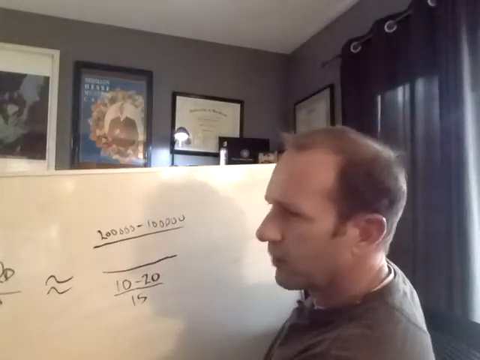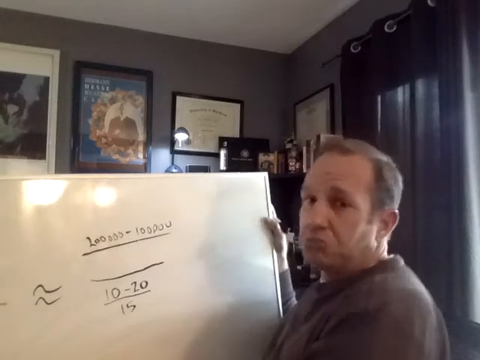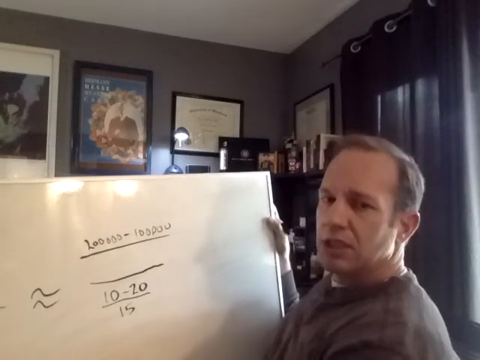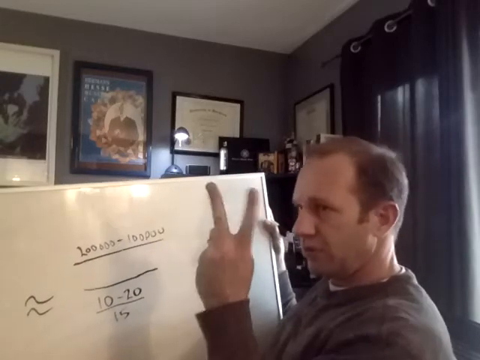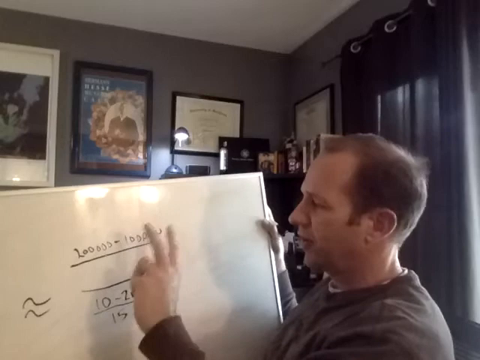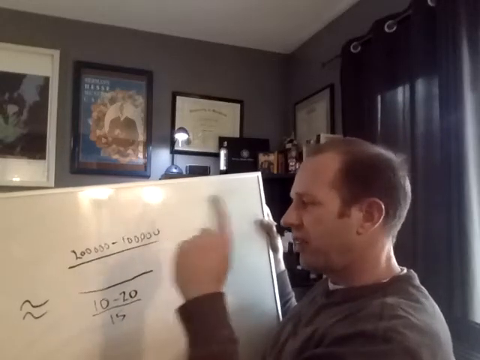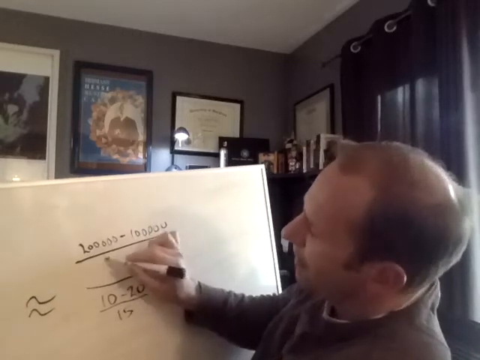What's the middle of 100,000 and 200,000? Well, if we had to, we could calculate it. It's the average. So we have two observations here, 200,000 and 100,000. They sum to 300,000. The sum of the observations divided by the number of observations. 300,000 divided by 2, you already saw it, 150,000.